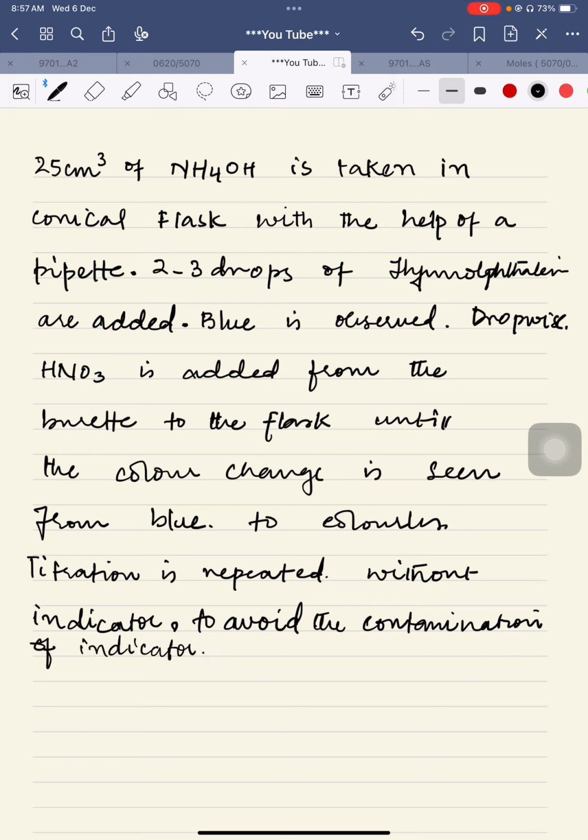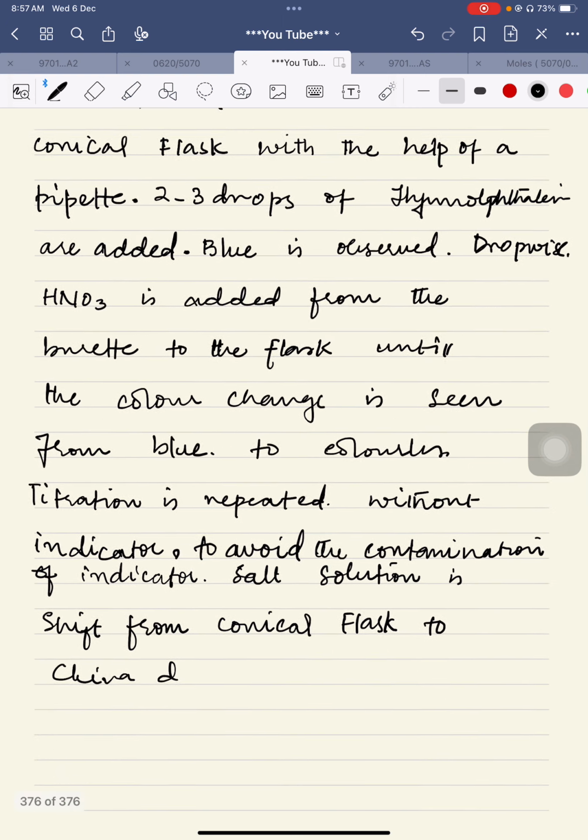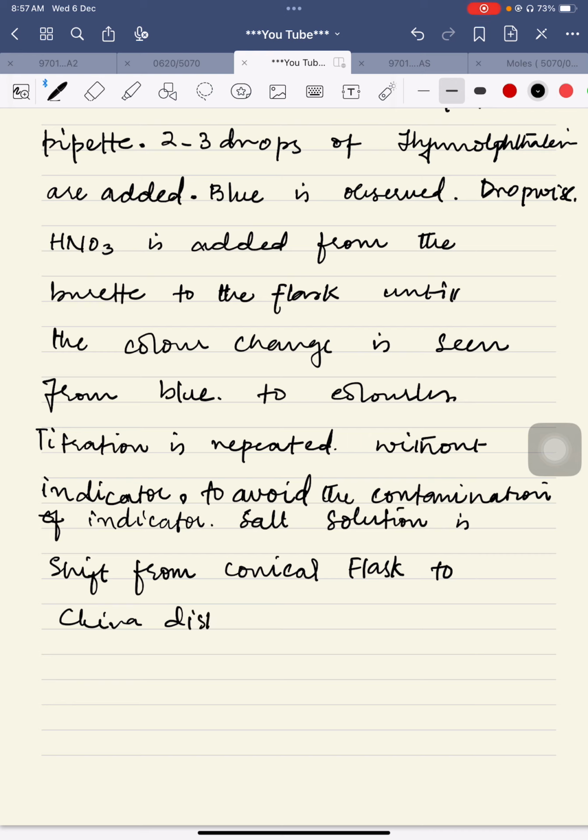Salt solution is shifted from the conical flask to a china dish, heated till saturation.